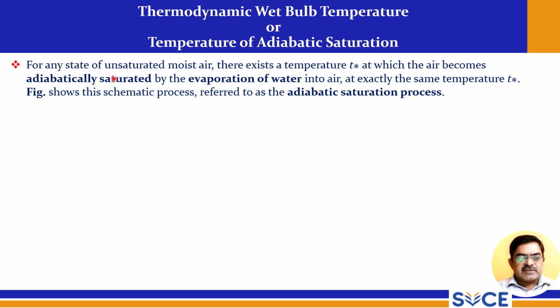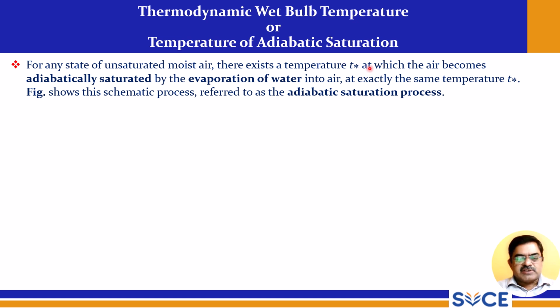And for any state of unsaturated moist air, there exists a temperature T star at which the air becomes adiabatically saturated. The air becomes adiabatically saturated at this particular temperature by the evaporation of water into air at exactly the same temperature T star.